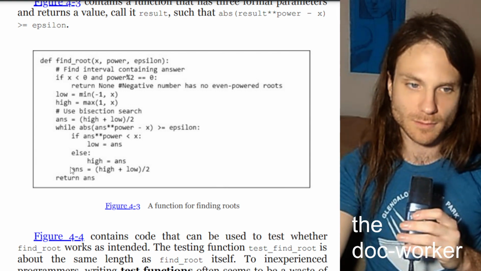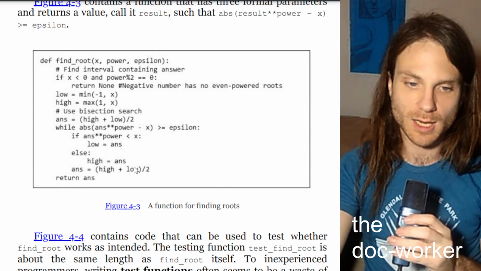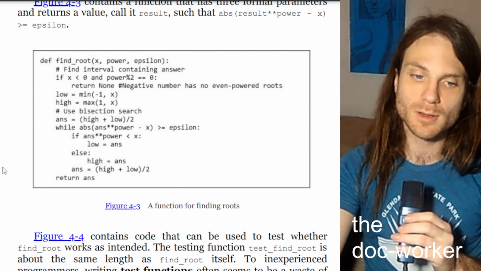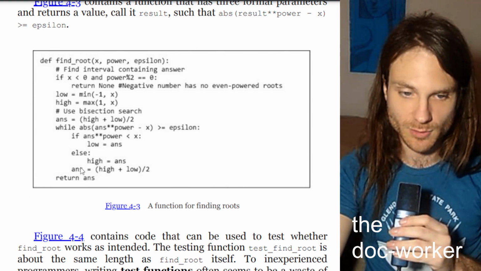Finally, update the value of ans to high plus low divided by 2 and return the final value of ans.